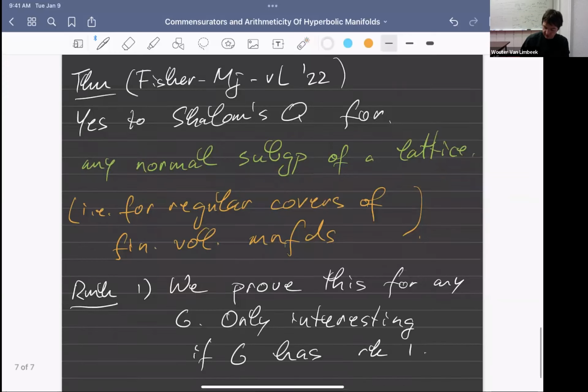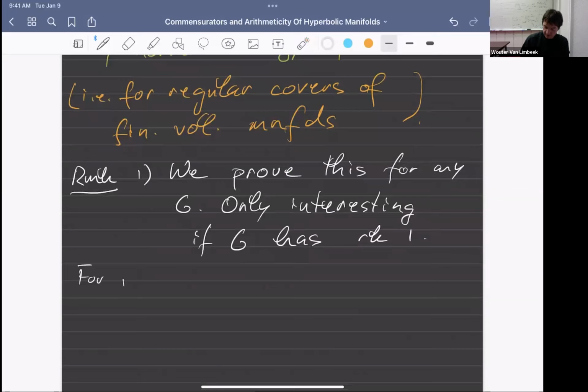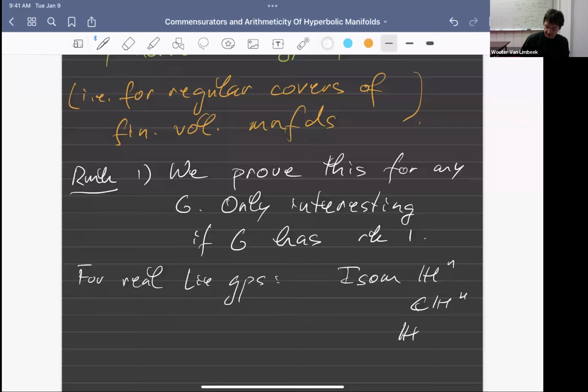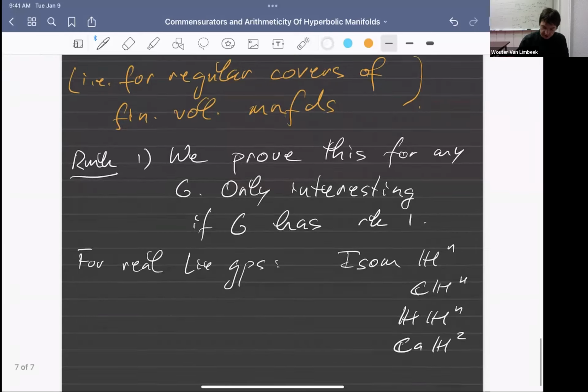So for the real Lie groups, that means isometries of hyperbolic space, complex hyperbolic space, quaternionic hyperbolic space, and the Cayley hyperbolic plane. And those are all the rank 1 groups. And then we also cover p-adic groups and positive characteristic groups, and there are some more families, but I'll omit that.